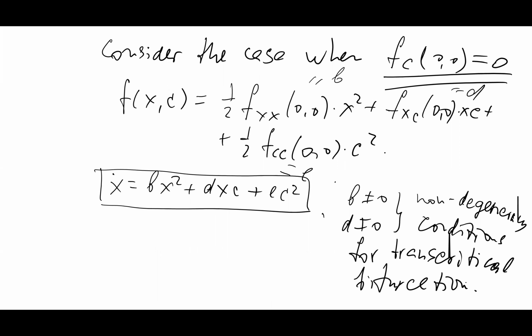But I will come to this later. For now, assume that e is 0. So I will come to this point later. But if e is 0, then x dot will be equal to bx squared plus dxc.